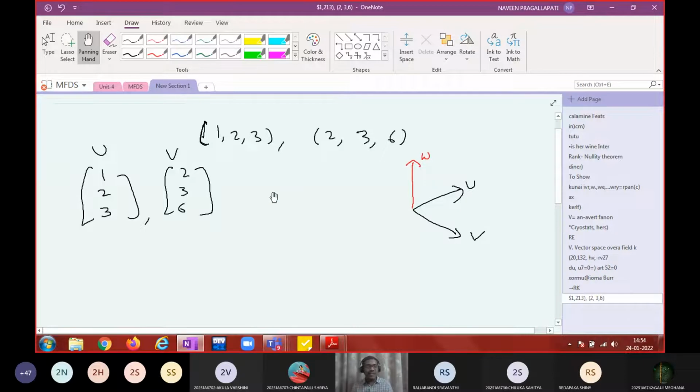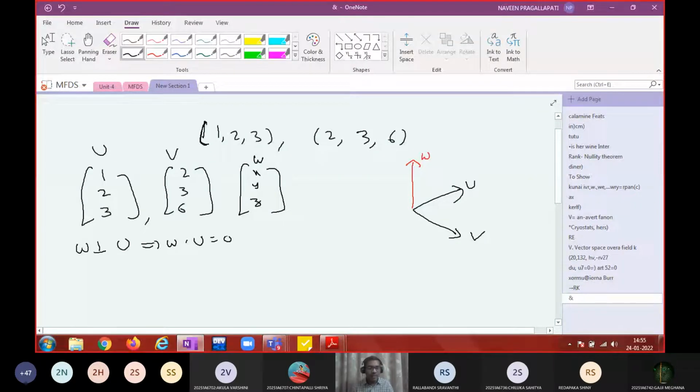I want w like x, y, z. We discussed this previously. w must be perpendicular to u. That means w dot product u must be 0. That means x plus 2y plus 3z equal to 0. You are right. I agree.